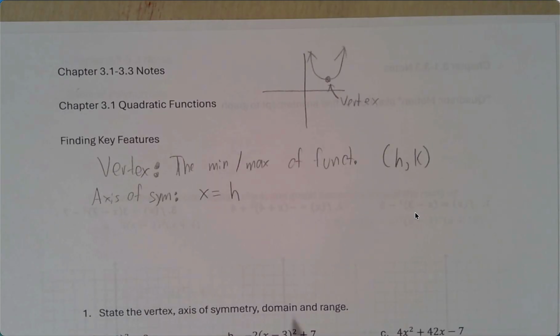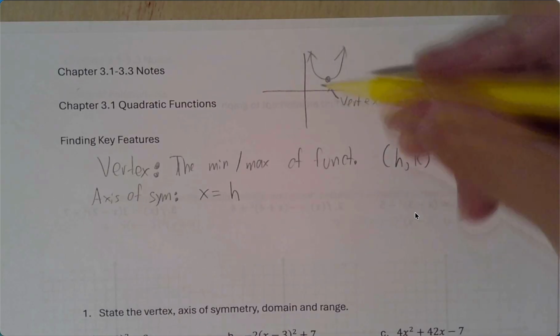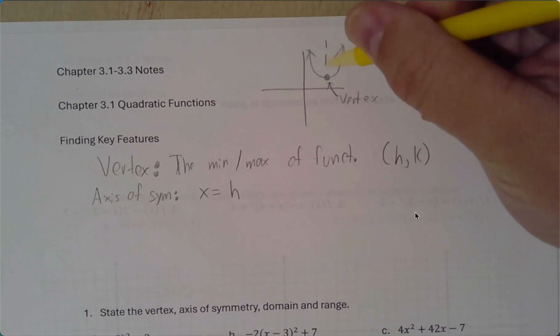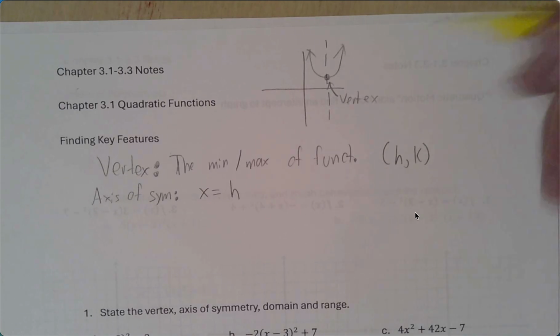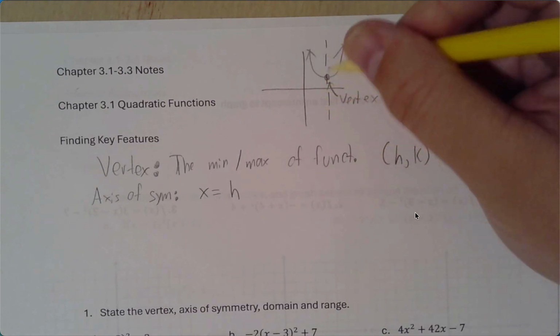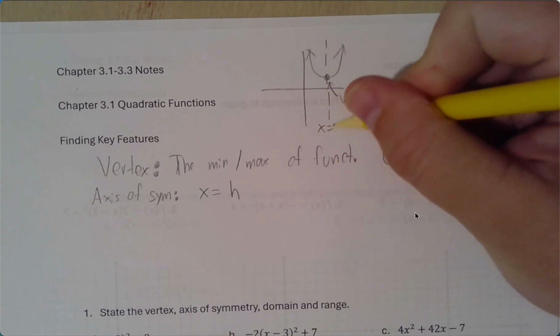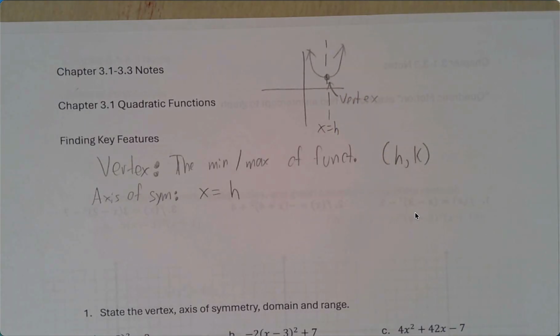So in other words, if you notice, the axis of symmetry is x equals the x value of the vertex. And why? Well, here's your axis of symmetry. And you can see what we mean by that. There's literally a line of symmetry going right through that min or max point. There's your axis of symmetry.